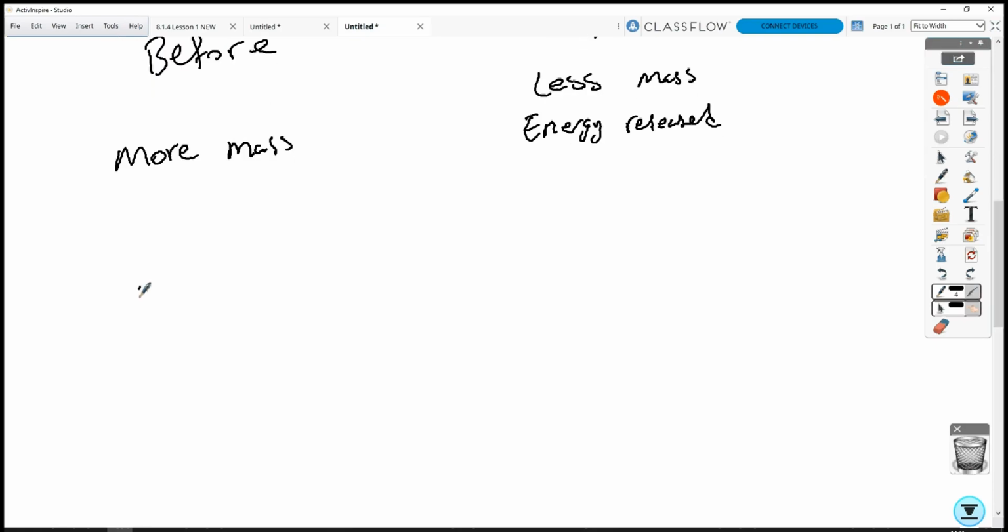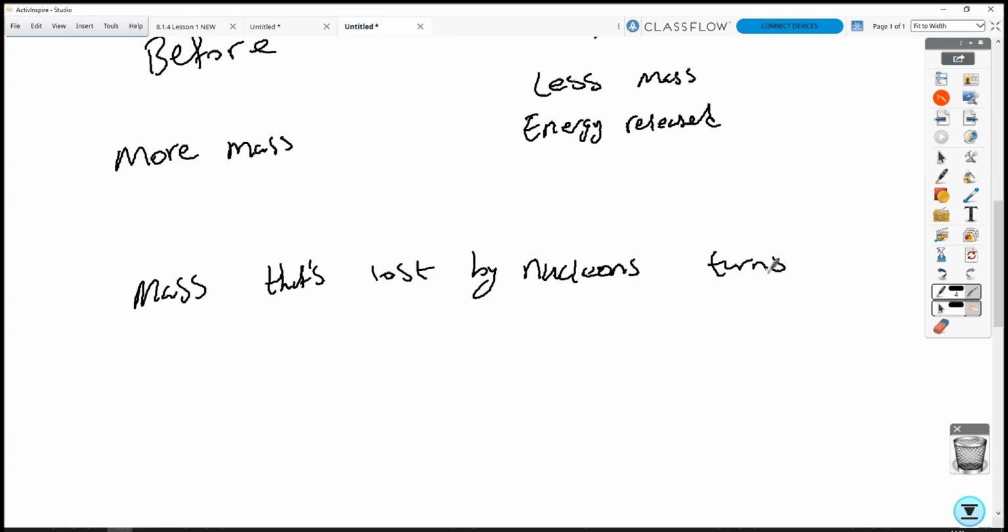So a mass that's lost by nucleons, which are protons or neutrons, turns into energy. And we call this the binding energy per nucleon.